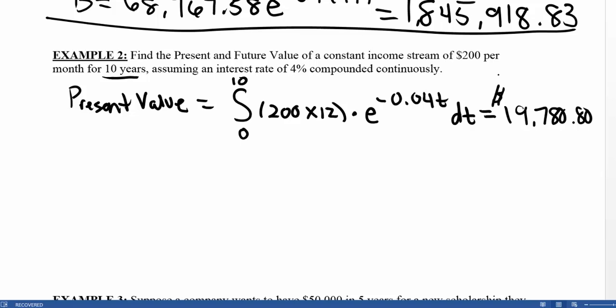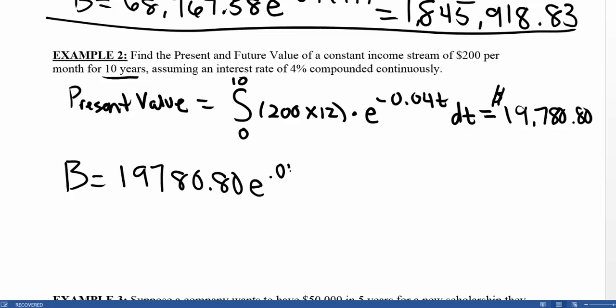So now, if we want to find the future value, we're going to do present value, which was the $19,780.80, e to the rm. So we have 0.04. My time m is 10 years.